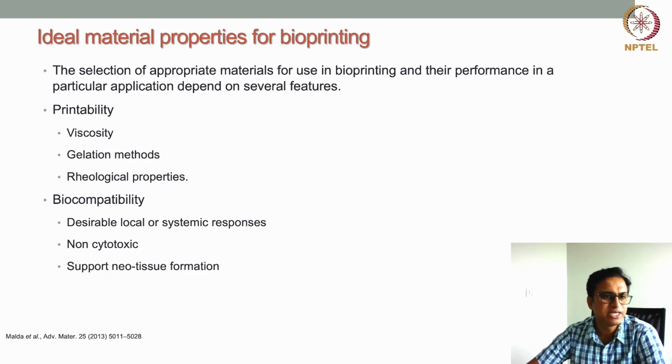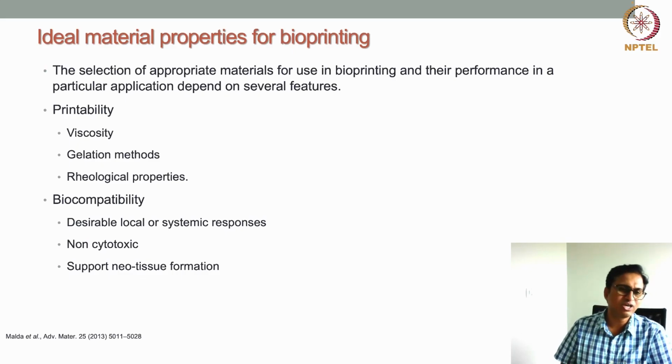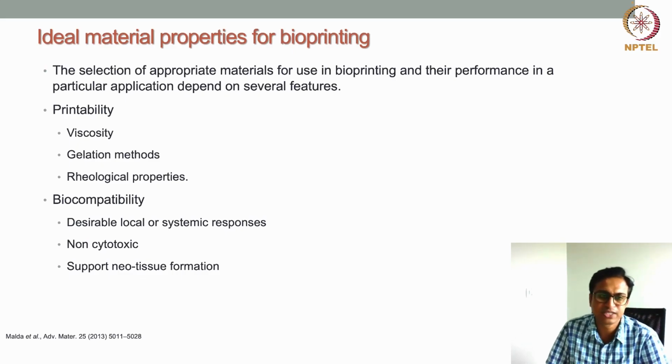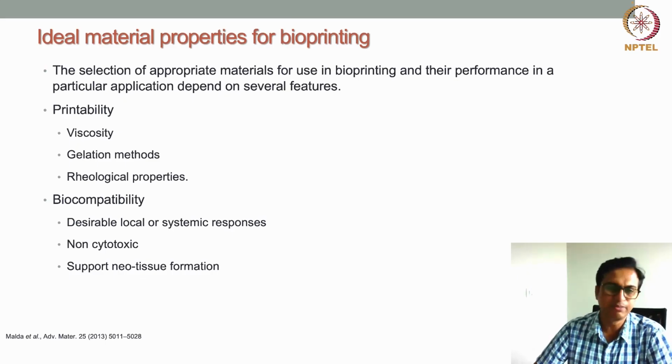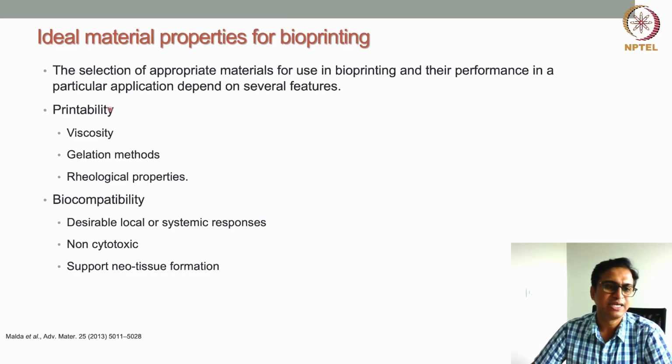Now, printability is the major factor for bioprinting. The material should be printable, otherwise we cannot use it for bioprinting. So whatever material we use for bioprinting or biofabrication, it should have suitable printability, so that the material comes out through the nozzle in a uniform manner, and when we deposit it, the deposition process is uniform, so that we get the required resolution and the exact geometry as per the design.